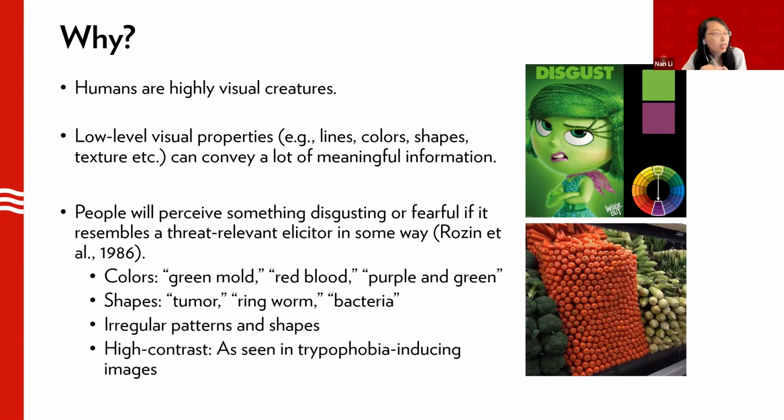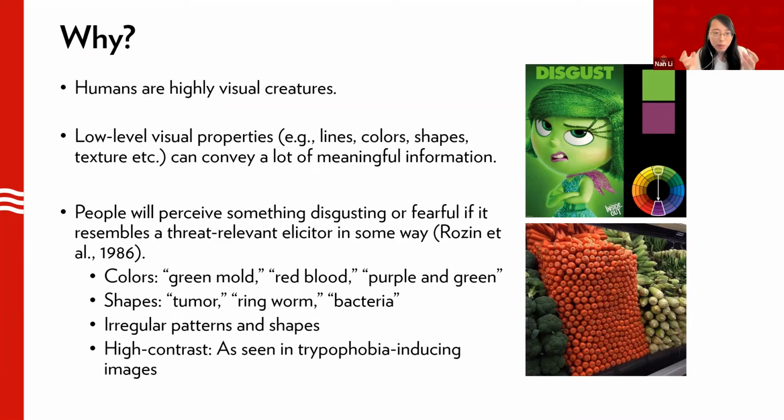Also, when you're looking at certain images, the low-level visual properties, things like lines, colors, shapes, and textures, can convey a lot of meaningful information, even without you realizing it. Just by looking at something around you, they convey a lot of meaningful information in terms of emotions, cultural meanings, what it looks like, what it reminds me of.